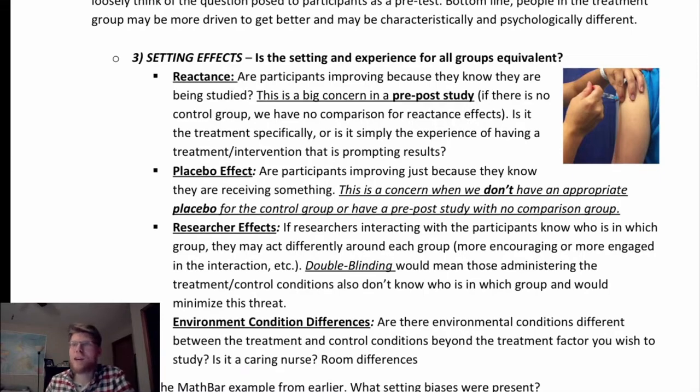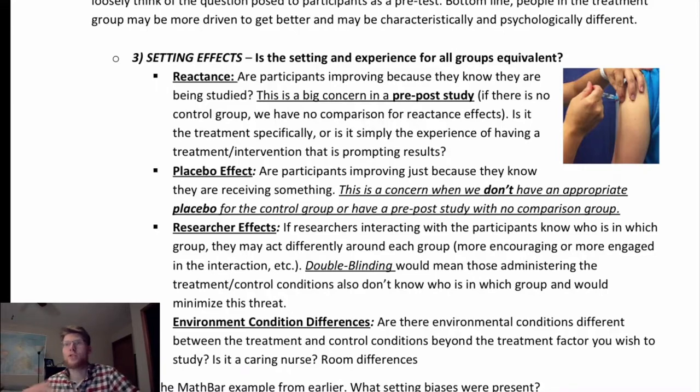A placebo effect we talked about, that is when I don't have a placebo in the control group to make comparisons with. So in other words, I don't know if it's people who are getting better from the treatment factor or from the idea of the treatment factor.